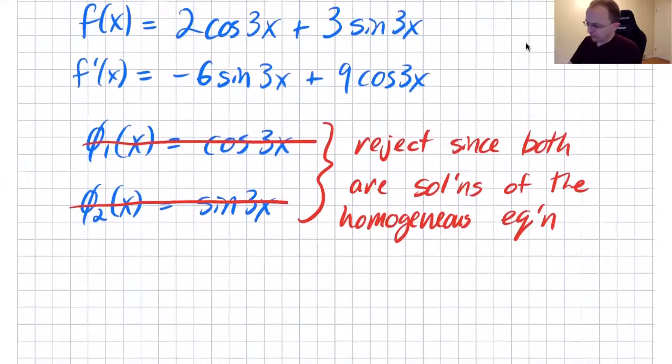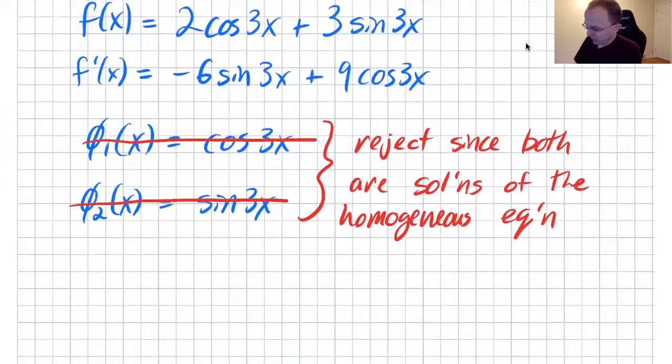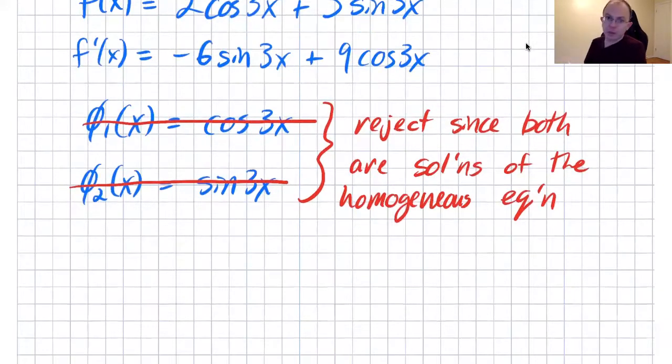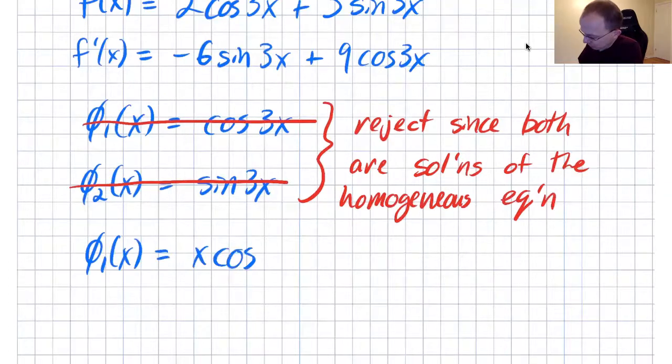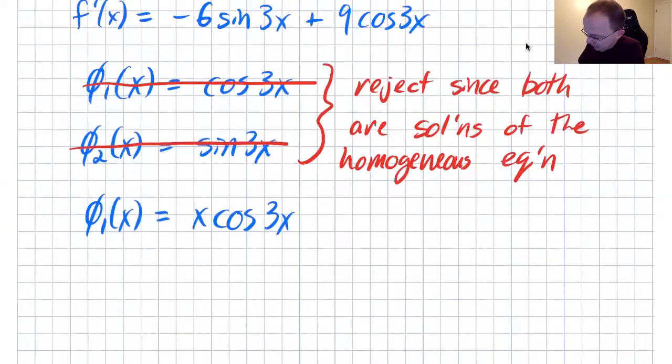So what's the answer then when we have to reject them? Then we just multiply by x. So instead of cosine 3x, we're going to use x cosine 3x. And instead of sine 3x, we're going to use x sine 3x.